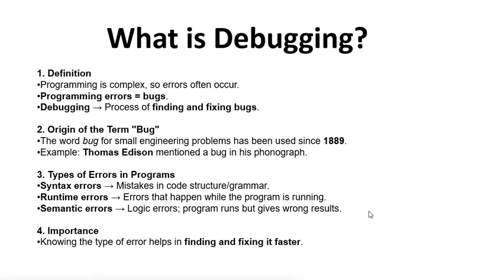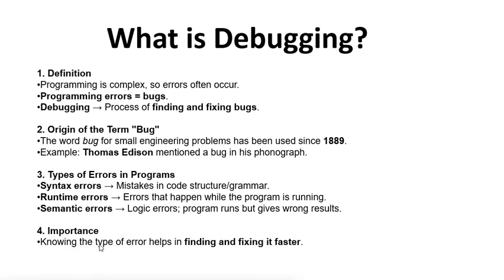Syntax error means the code structure or grammar is wrong. Runtime error means that while the code is running, it shows an error. Semantic error means the program is running but giving a wrong result.